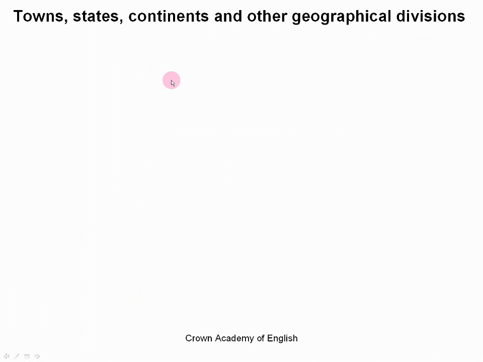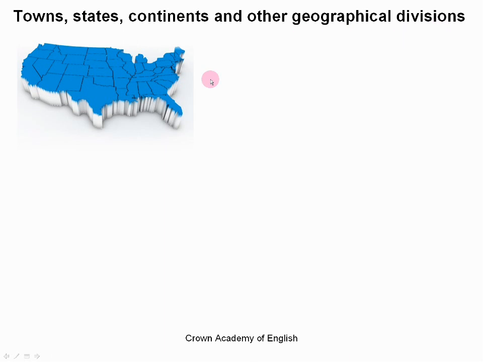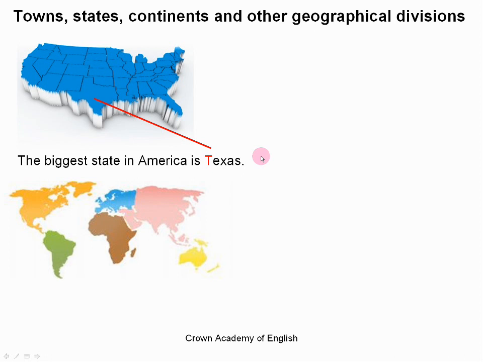So some more geography now. Towns, states, continents, and many other geographical divisions, we have a capital letter. The biggest state in America is Texas. So since Texas is the name of a state, we write it with a capital T. And here are the continents.